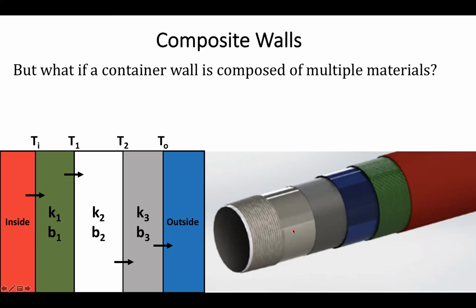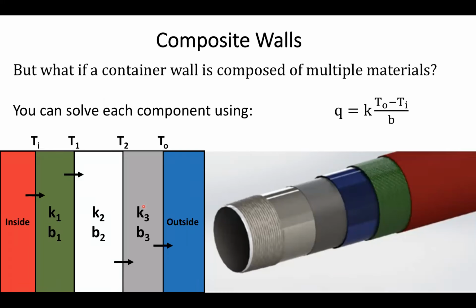So one of the tricks that we have to figure out is how I can examine how heat transfers from, say, the inside of a hot reactor to the cold outside of the atmosphere if I'm going through, say, three different materials. So one of the ways we could try and solve this is to solve for each component.